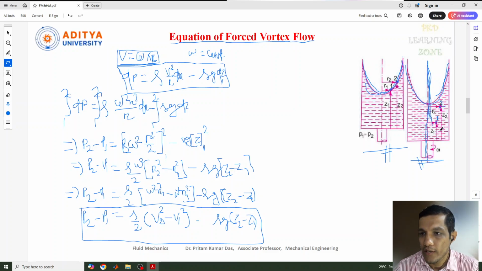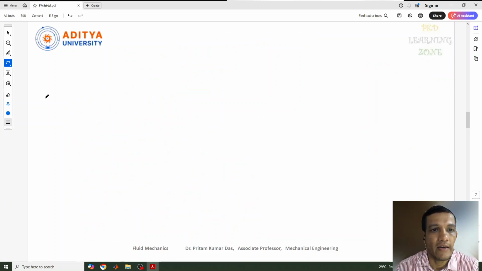Obviously, pressure differences are there when we consider points inside the liquid, because as per the hydrostatic law, if you go deeper, the pressure will change. Now, if both points are situated on the same layer, then our pressure P1 and P2 both will be the same. There will be no difference in the pressure.